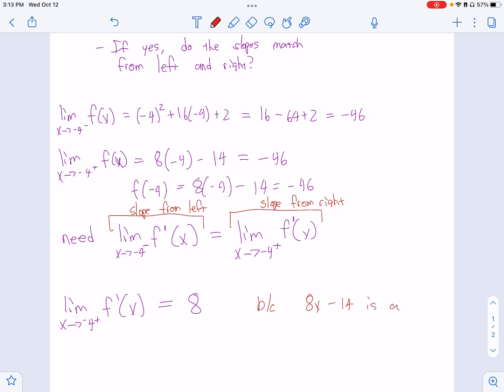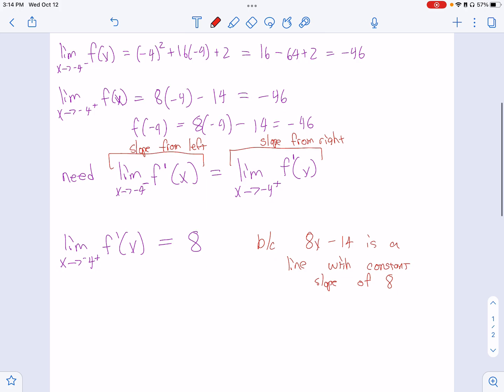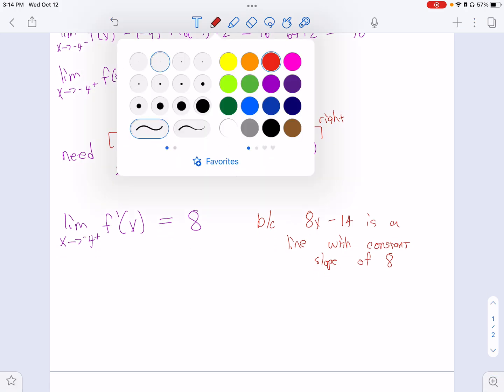It is just a line with constant slope of 8. So the derivative of a linear function is always just whatever the slope was. Now the other one is going to take some work to figure out.